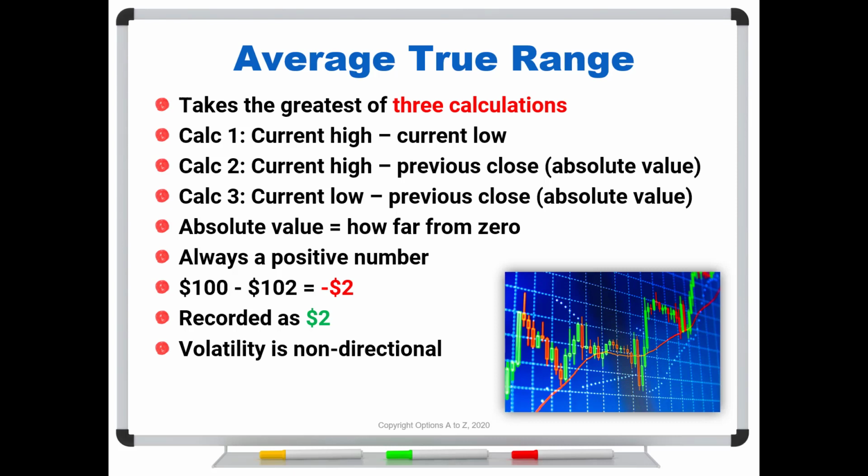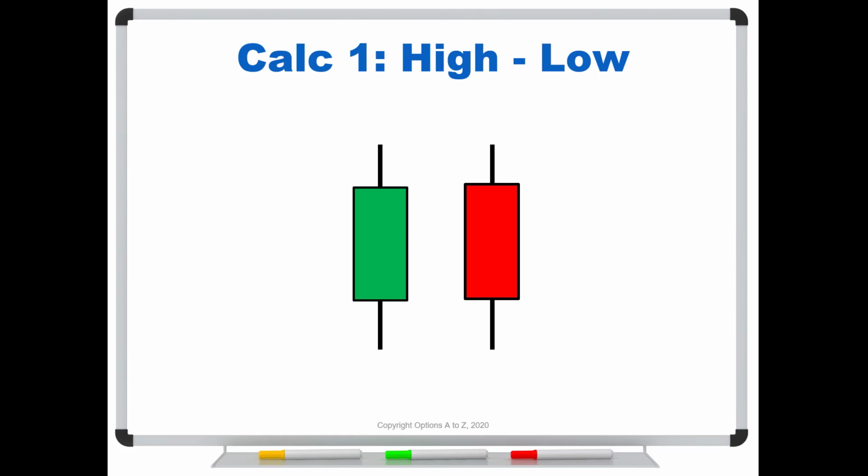Before we consider some of the limitations of the ATR, let's take a closer look at the calculations. Here's calculation 1. For right now, let's just focus on the green candle. Let's say this is today's candle after the close. Here's the high trade and here's the low trade. It's very simple. We're just going to take the high minus the low, and that's going to give us some number.